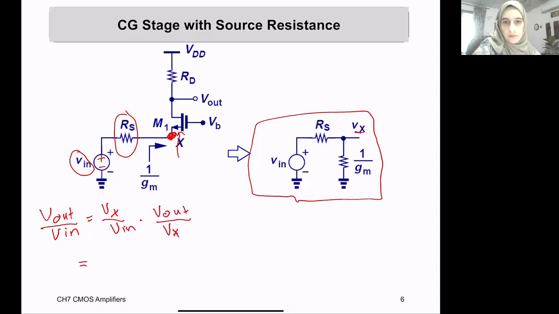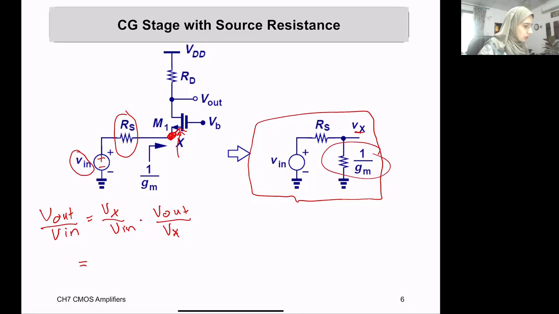It's 1 over Gm. So at point Vx, there is something that I see here looking up, which is the 1 over Gm that we simplified and added here. It's like the entire amplifier is being just replaced with this resistor at this point.